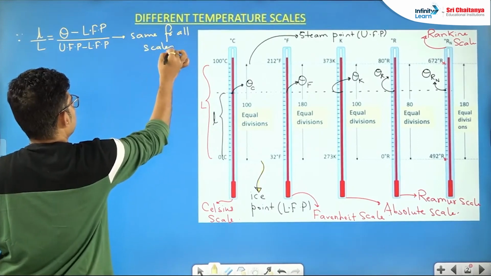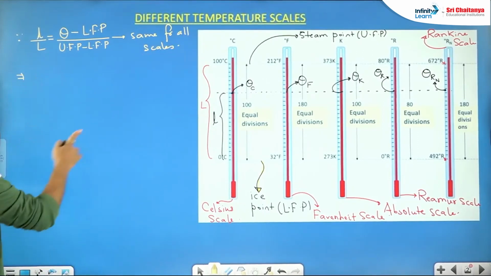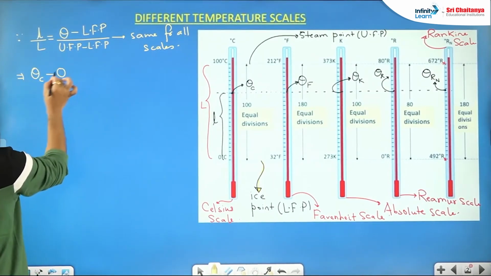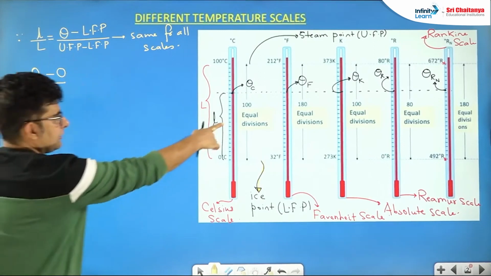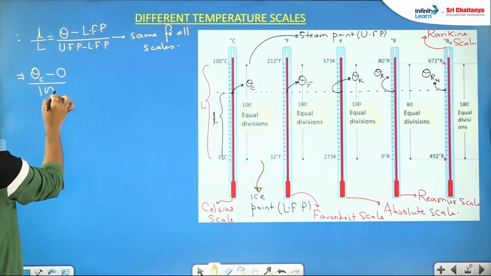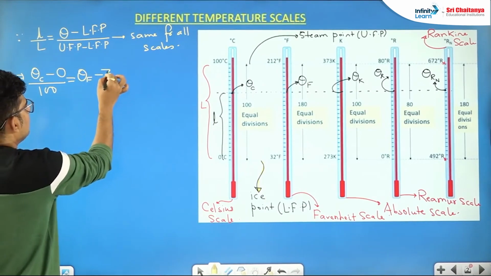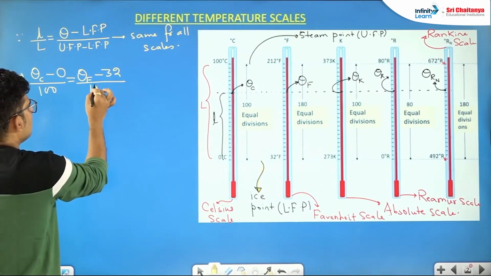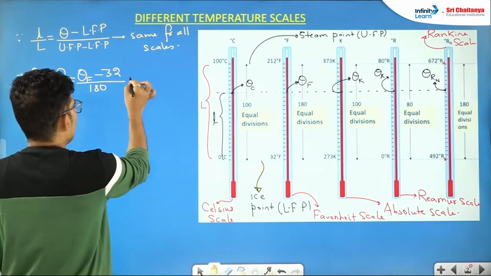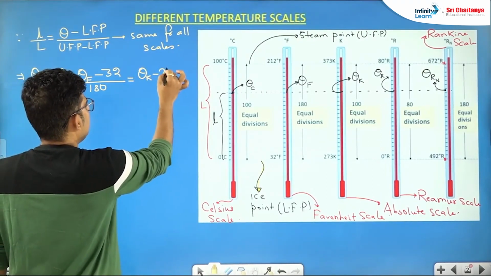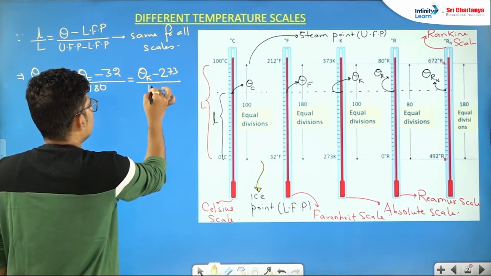So just equate it. So what I can write, first if I start with theta C minus lower fixed point, which is 0, UFP minus LFP is how much for Celsius? It is 100. If I go for Fahrenheit, theta F minus lower, which is 32, divided by how much? 180. If I go for Kelvin, theta K minus 273 by 100.